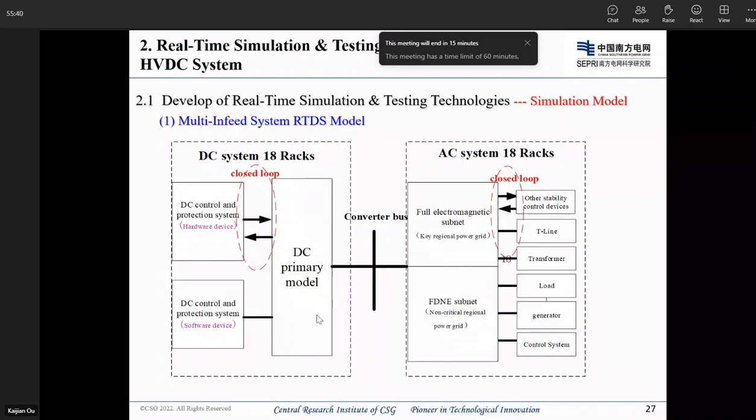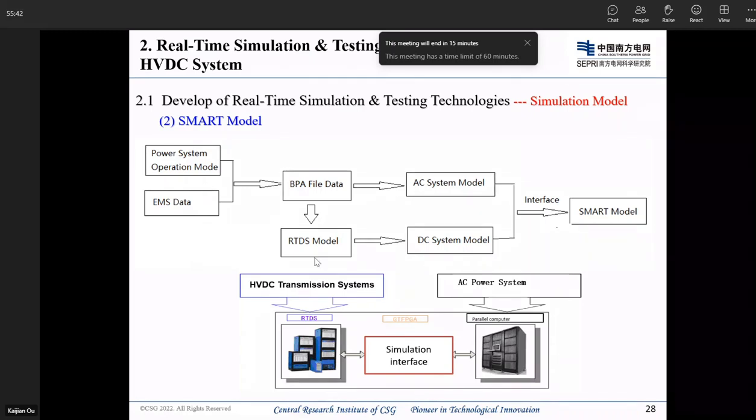So for the hybrid model, we will use the EMS simulator data, the PPA data.